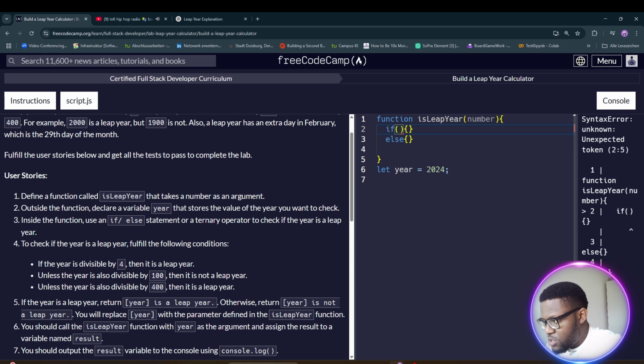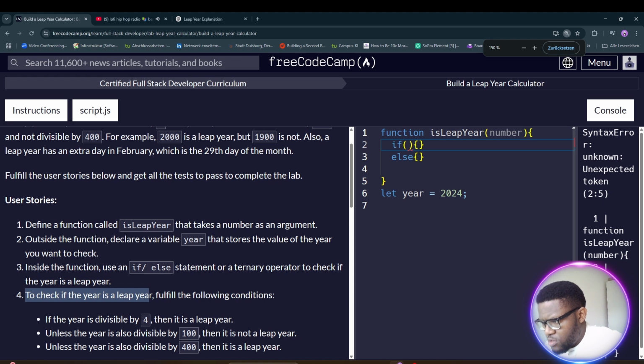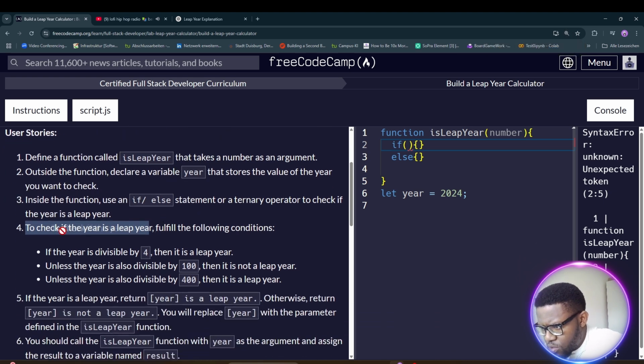To check whether something is divisible by a number, we use this operator.